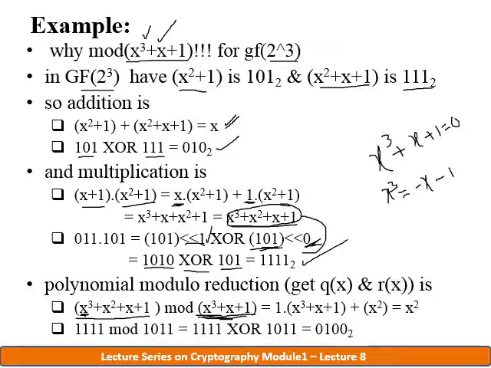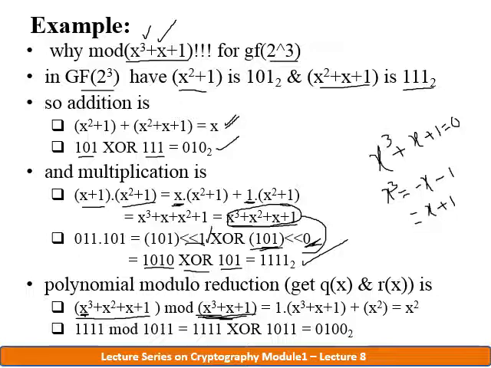For a, the additive inverse will be minus a. I already have minus a here. The additive inverse for this will be x, and for minus 1, that is 1. By using the additive inverse property, I got x cube is equal to x plus 1.